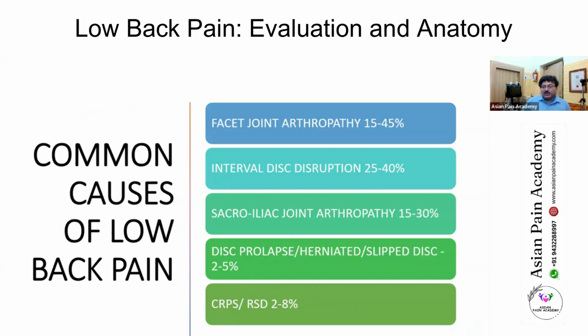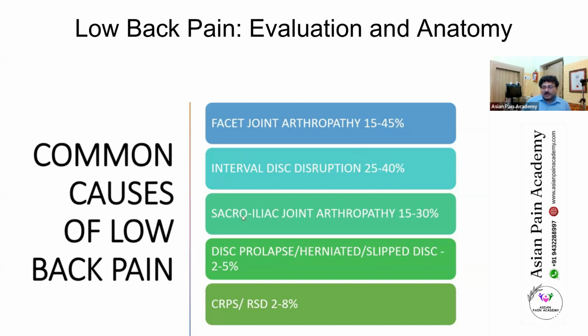It has been found that facet joint arthropathy, which is the commonest cause in the older group of patients, constitutes around 15 to 45%. The range is wide because the numbers come from different studies. Internal disc disruption, which is the commonest cause of low back pain in a younger patient, is around 25 to 40%.